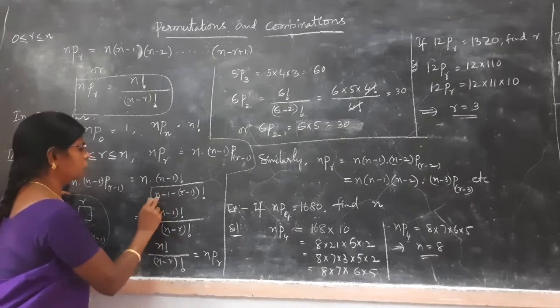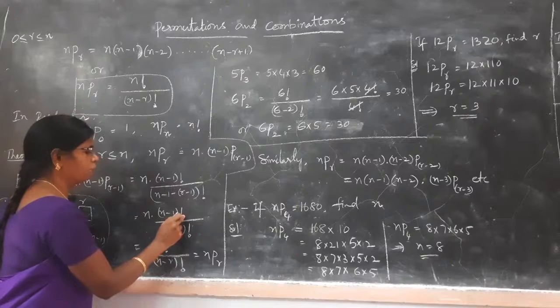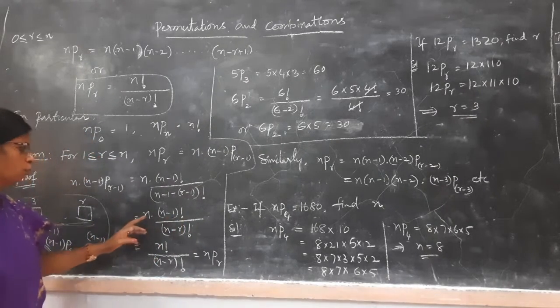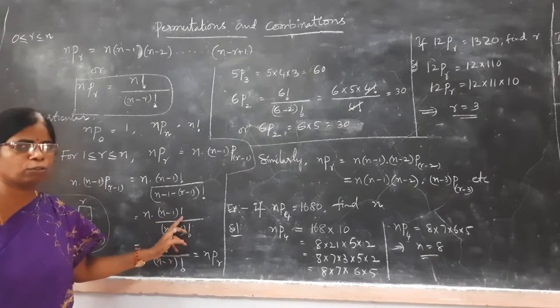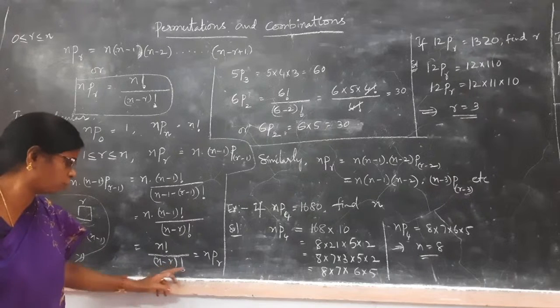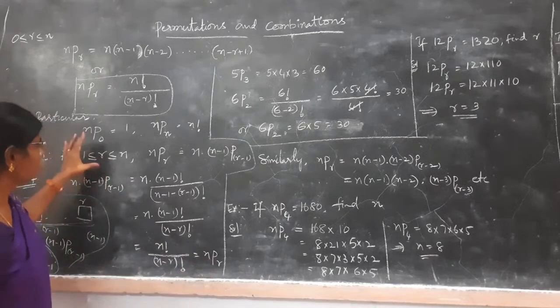Again we got here, this is n minus r factorial. So this is n into n minus 1 factorial. So yesterday I explained everything about factorial. So n into n minus 1 factorial is n factorial. Okay na? And here is n minus r factorial. This is nothing but nPr. So this is the proof of this thing.